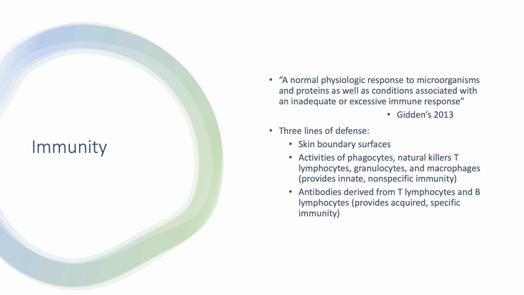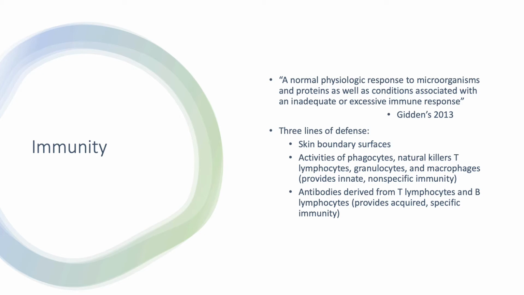Now, I hope that you got this down in your anatomy class, your physiology class, and your pathophysiology class. But of course, we can all use a little bit of a refresher. Let's remember that there are basically three lines of defense. The skin, or the boundary around the body, and then if the bugs get inside, it's the activity of the phagocytes, natural killer lymphocytes, granulocytes, and macrophages.